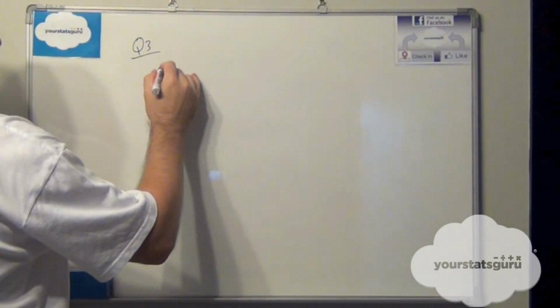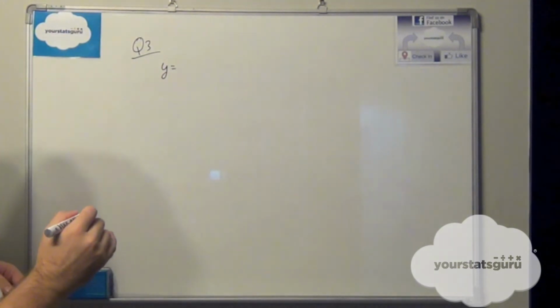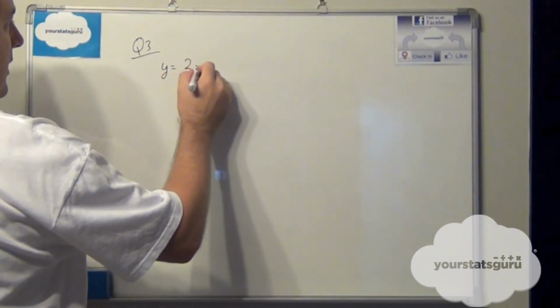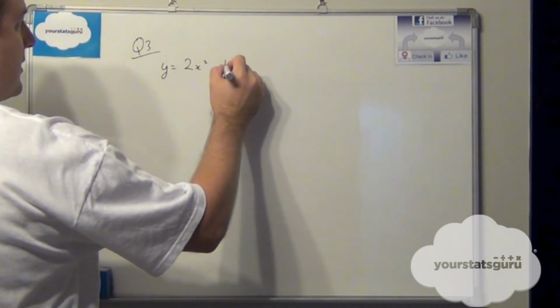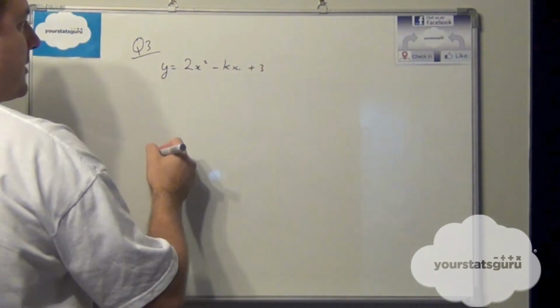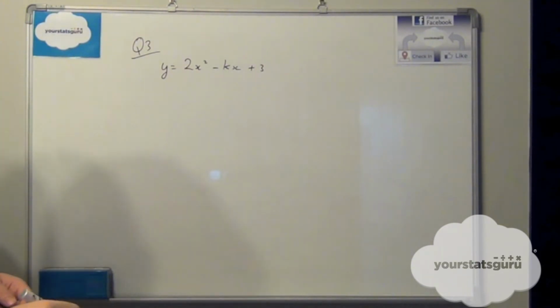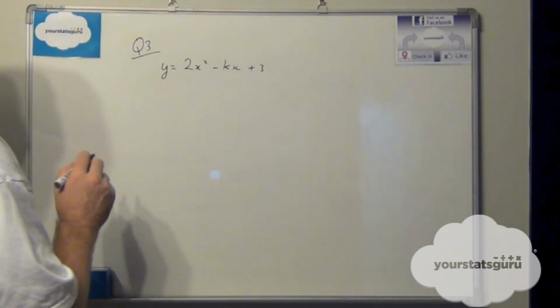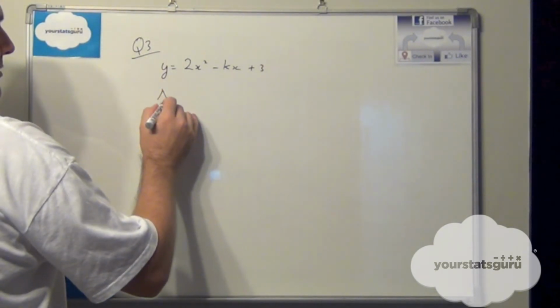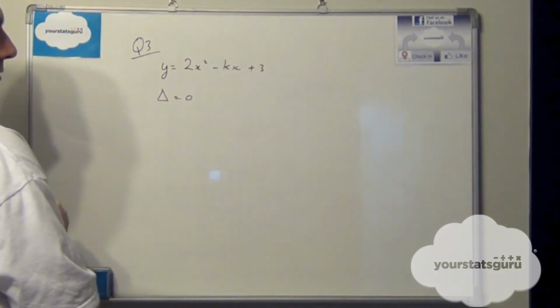We're told that the graph of y equals 2x squared minus kx plus 3 touches the x-axis, and we're asked to find the possible values of k. Well, if it touches the x-axis, this means that the discriminant equals 0.